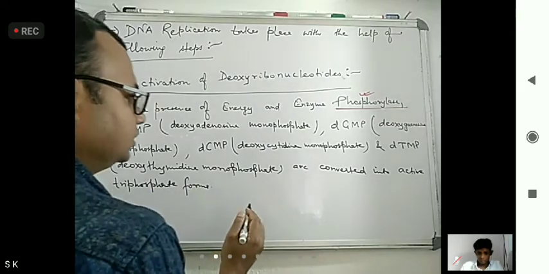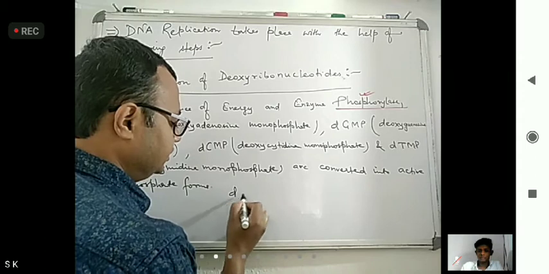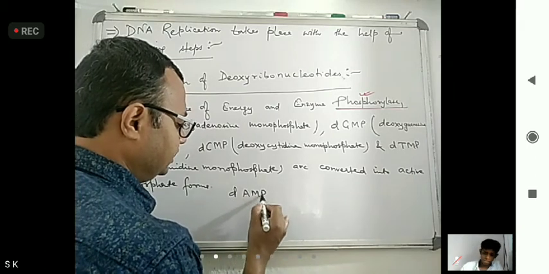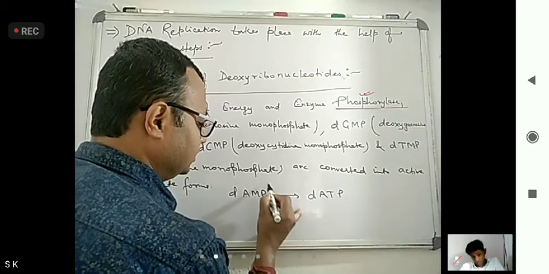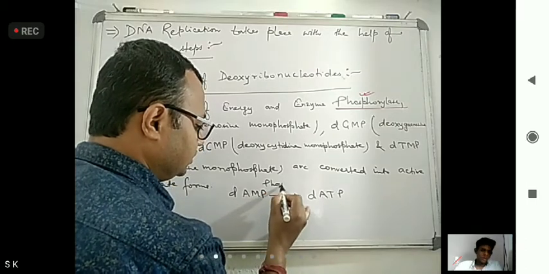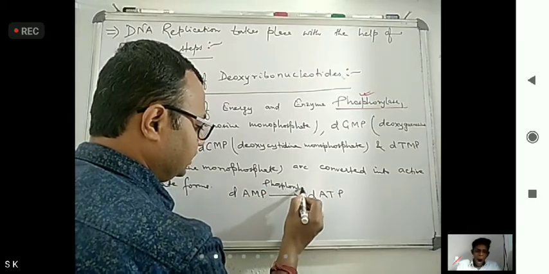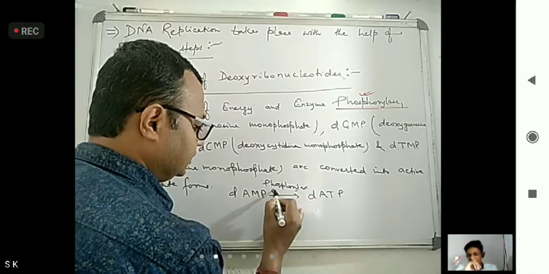So what I told, dAMP is converted into dATP in the presence of phosphorylase and energy.